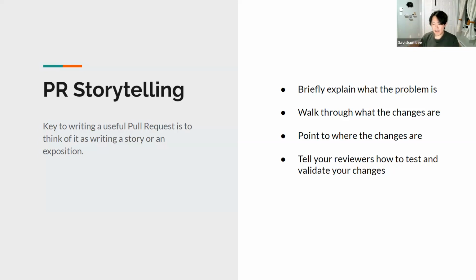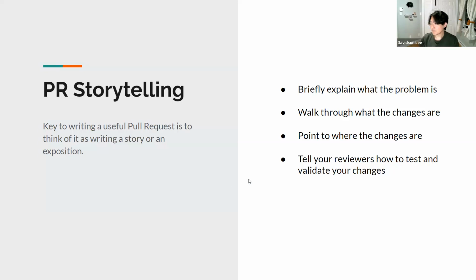Something to add a little bit of context on where those changes exist in the code. This is a little bit less important if you have very good commit messages, because your commit messages will probably relay the same information, but you can consider it a type of redundancy to also express that in another area, or to cover any gaps which you might have missed in your commit messages.